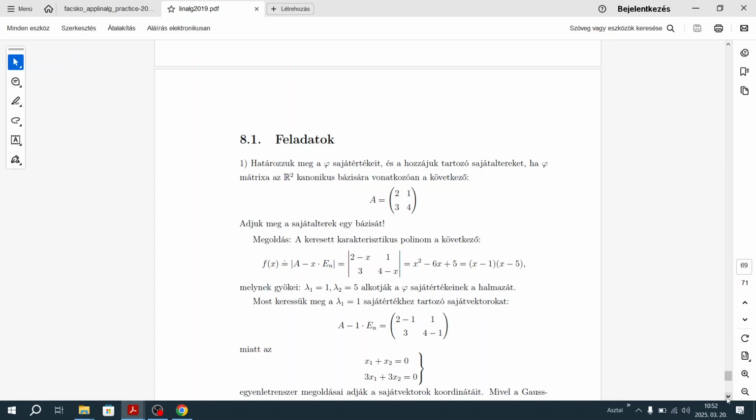You must use a numerical method for this. Okay, this was the point A. That was the last semester.